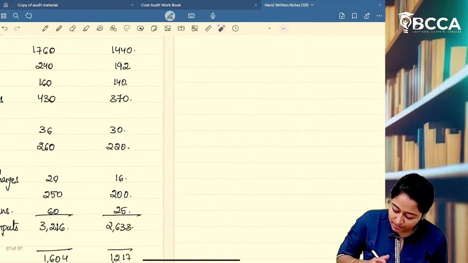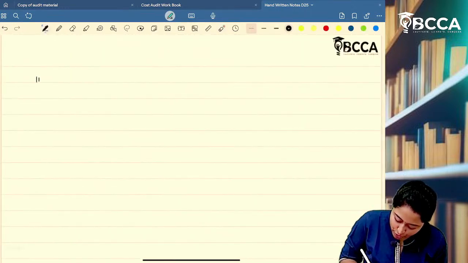Now, second, what we'll do? Statement showing earnings available for distribution.